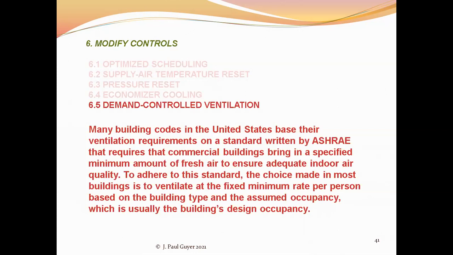And to adhere to this standard, the choice made in most buildings is to ventilate at the fixed minimum rate per person based on the building type and the assumed occupancy, which is usually the building's design occupancy.